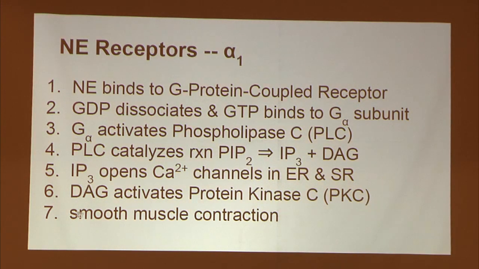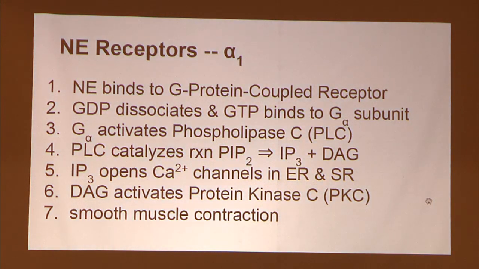Then calcium and DAG are going to activate protein kinase C. So PLC catalyzes PIP2 to IP3 and DAG. IP3 is opening calcium channels. Calcium and DAG are activating protein kinase C, or PKC. And then we're going to get smooth muscle contraction from this.